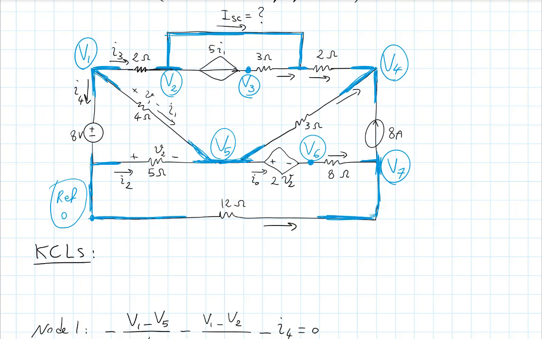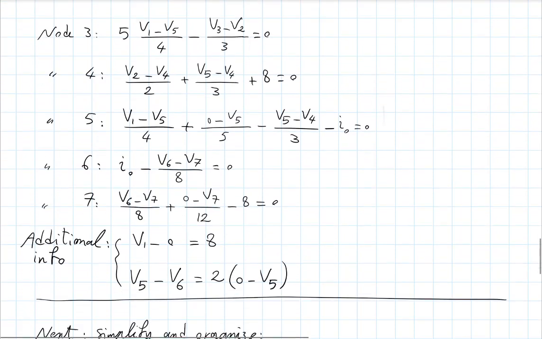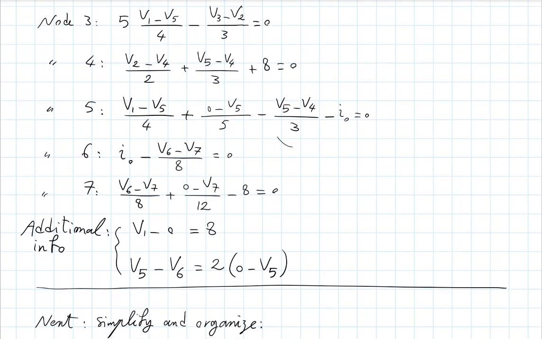Okay? So I had V1 minus V5 divided by 4 plus 0 minus V2 divided by 5 minus the current going through the 3 ohm resistor, V5 minus V4. It's this term here divided by 3.